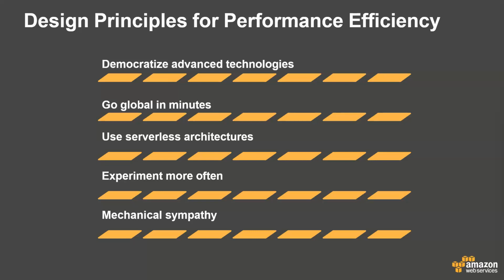Then next, we are talking about go global in minutes. So this is simply telling us that if it's an application, let's take, for instance, you're using maybe the Cape Town region, and you need to use other services that can enable global outreach.